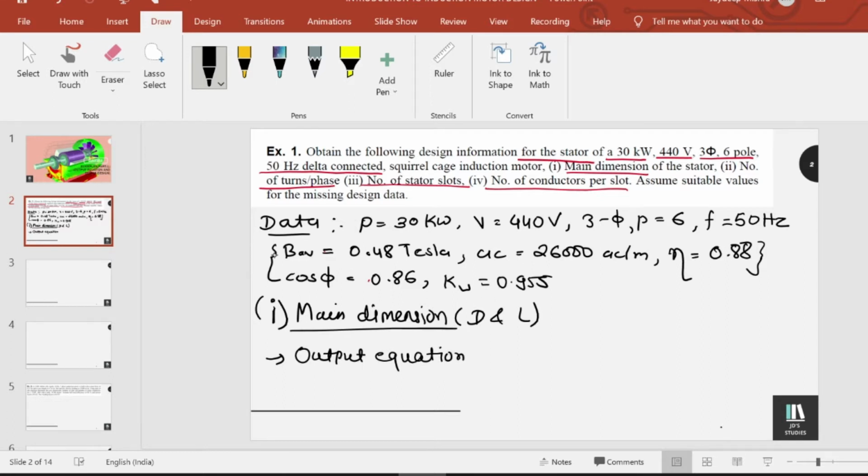What is the output equation? We can study: D square L is equal to Q divided by C0 Ns.